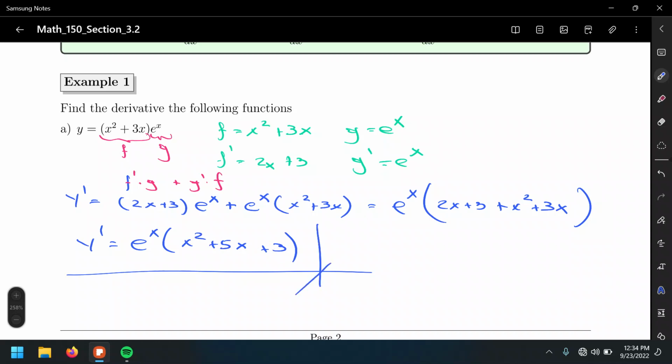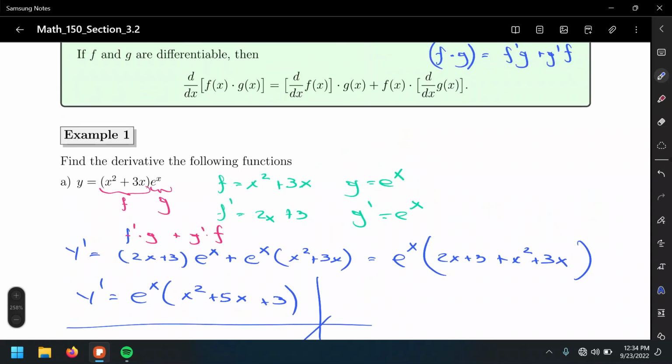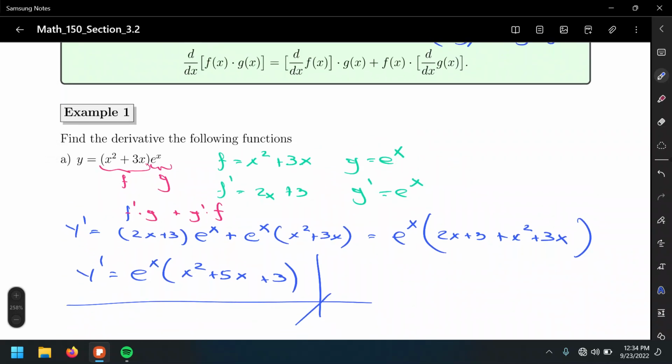How about we go back to the original problem we did for the product rule? But number one, questions about the product rule before going back to that question? Yeah, could you explain again why g prime, the derivative, stays e to the x?